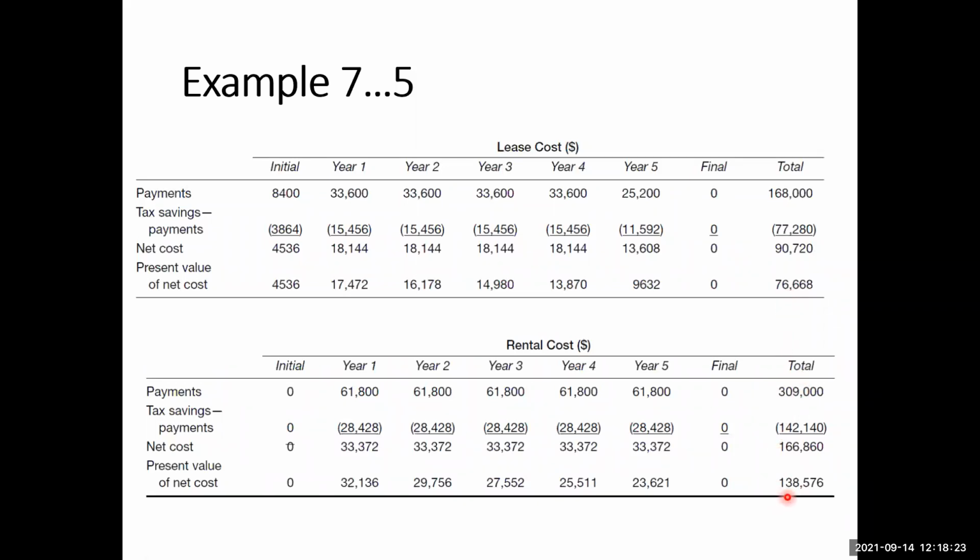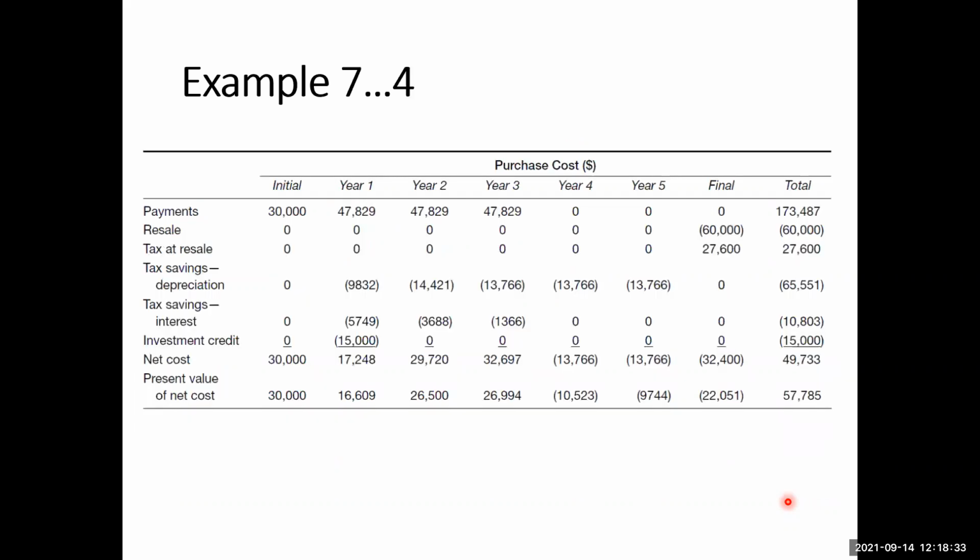And the present value for the rental is $138,576. So the cheapest option available over here is $57,785.